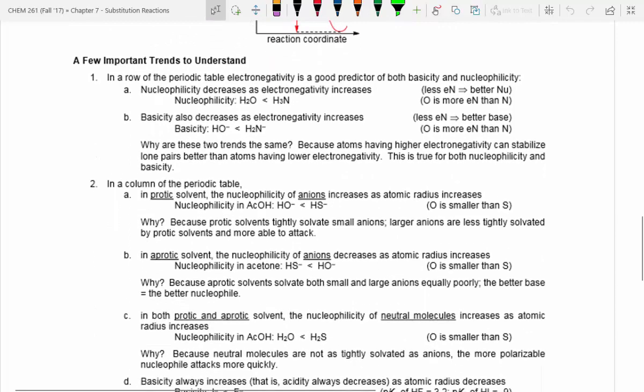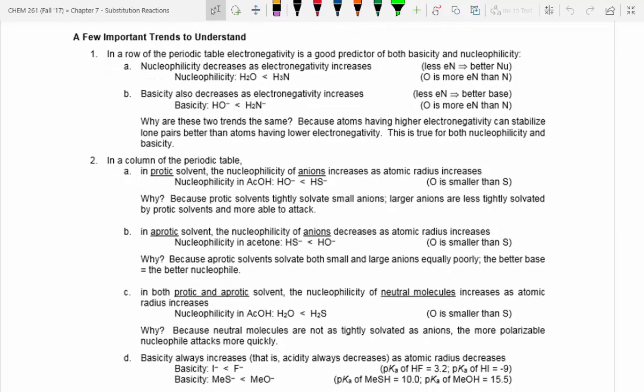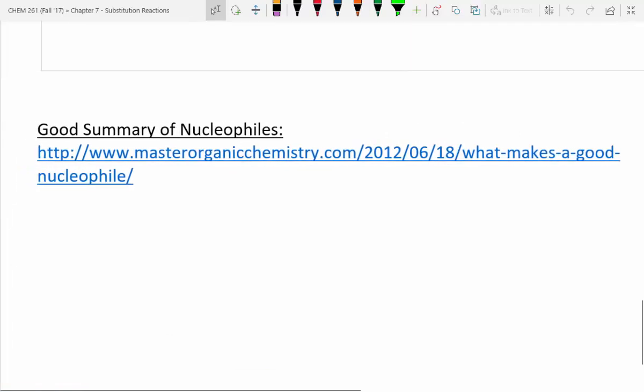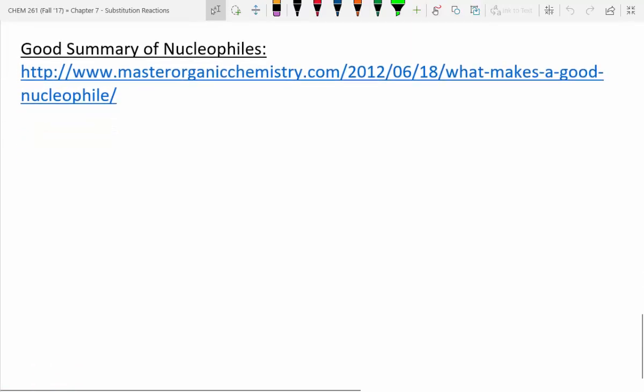And then I kind of overwhelmed you guys yesterday with a big discussion on solvents, and this ties it all together into a nice summary. What I like to do, if this doesn't make sense, is make a general summary. And like I said, you can go to Master Organic Chemistry too if you need any help understanding this. But let's make a little summary table.